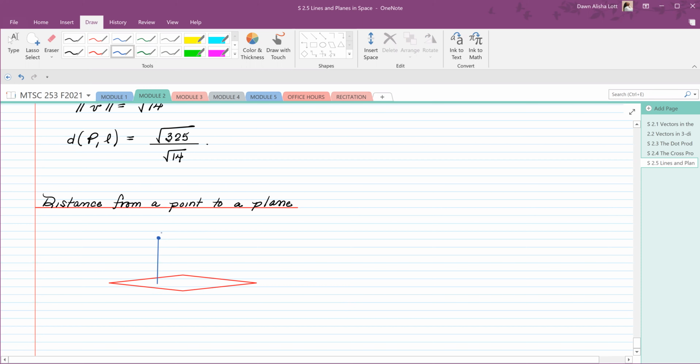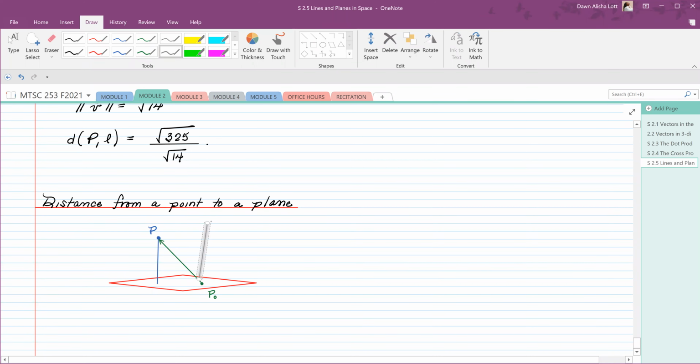So what I need to do is locate another point on the plane called P naught. So find the point P naught on the plane. So this first point is P, and then I'm going to find a P naught on the plane. And then I am going to create the vector P naught P. And then I need to look at the normal vector to the plane, which we know.